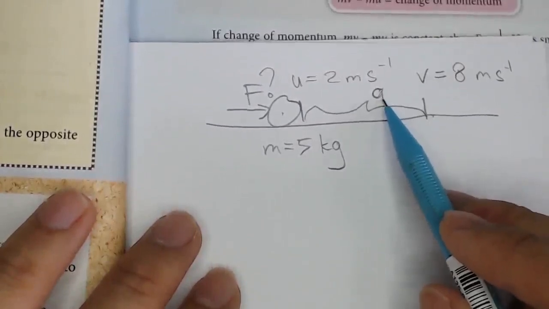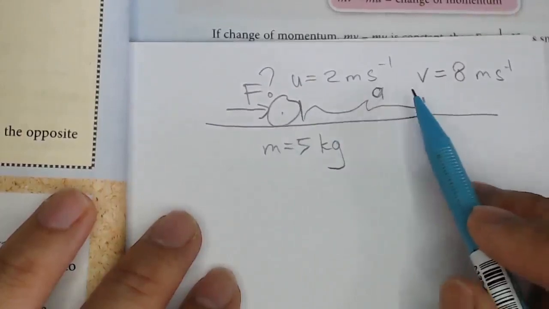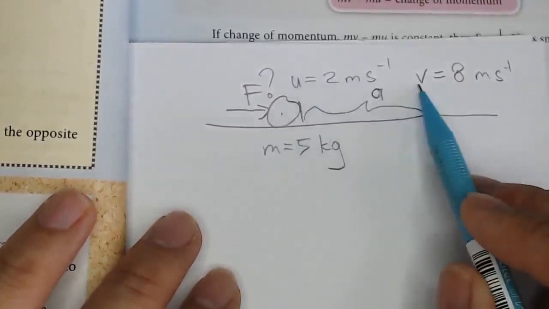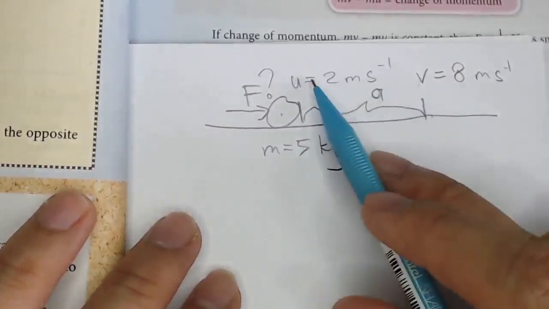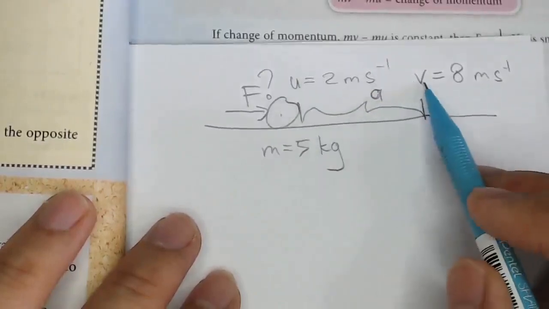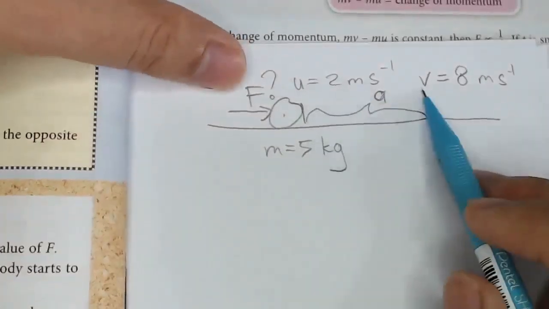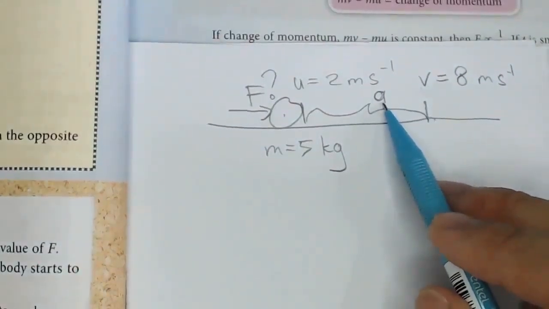How to find the value of A? Acceleration from this point to this point. It's the same idea. Okay, so you know that you have v here, and the velocity, and this is when you can find the value of A, acceleration.